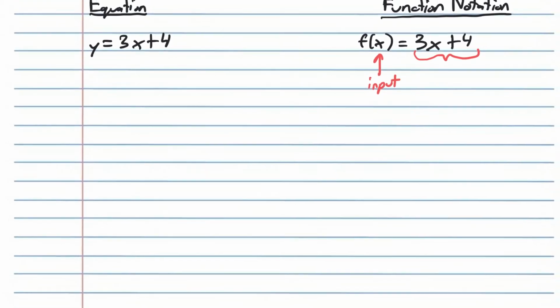Scroll down a little bit, and let's use that same example we just read up there. Let's say f of x is equal to 3x plus 4. Then a standard question would be, if that's f of x, then what is f of, I don't know, let's go with 2?